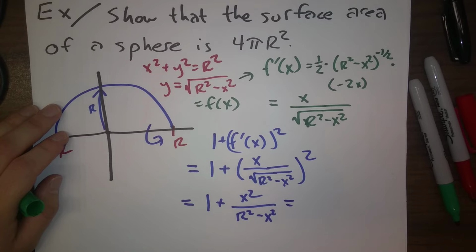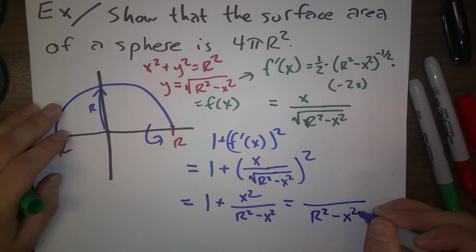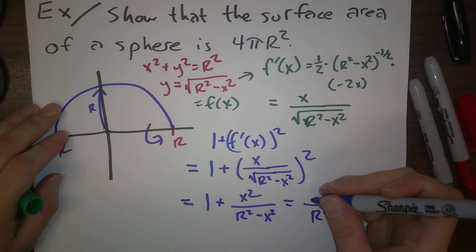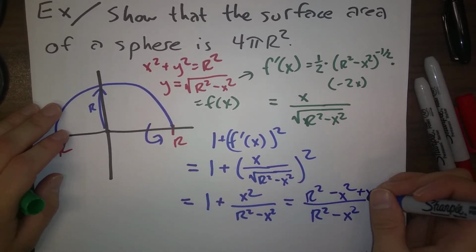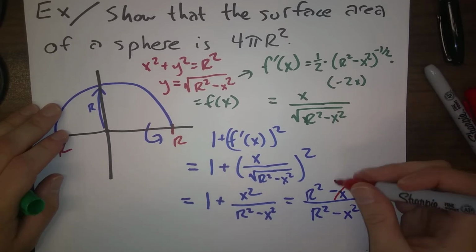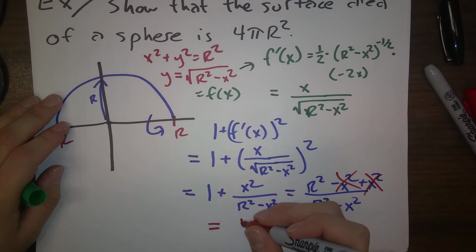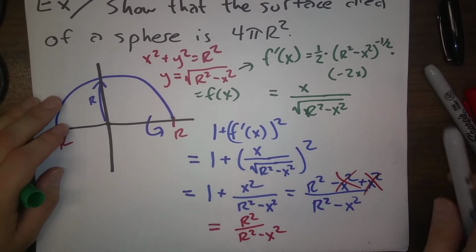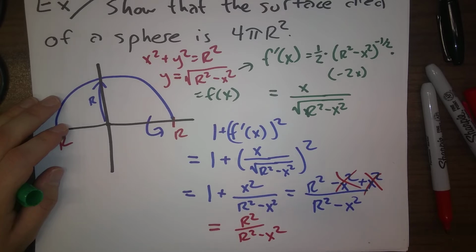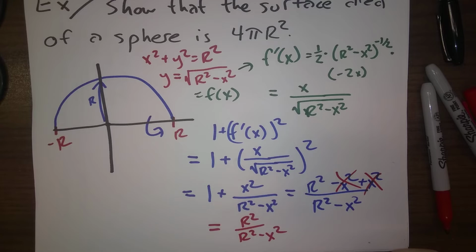Let's put everything over a common denominator, r squared minus x squared. And so we'll have r squared minus x squared plus x squared. And hey, take a look. Cancel, cancel. Our final answer here is going to be r squared over r squared minus x squared. Okay, so that's what's going to be under the square root in our problem.